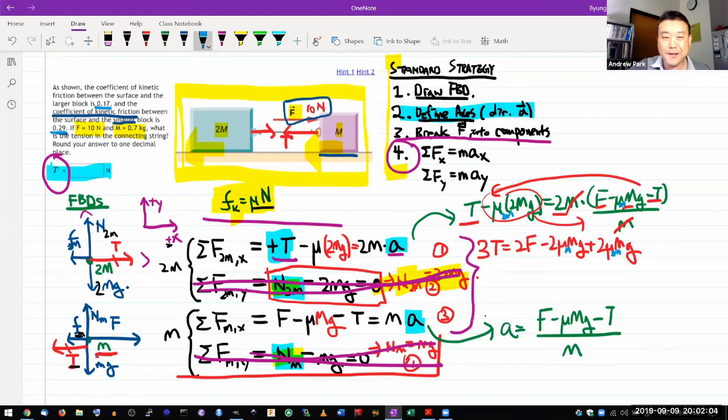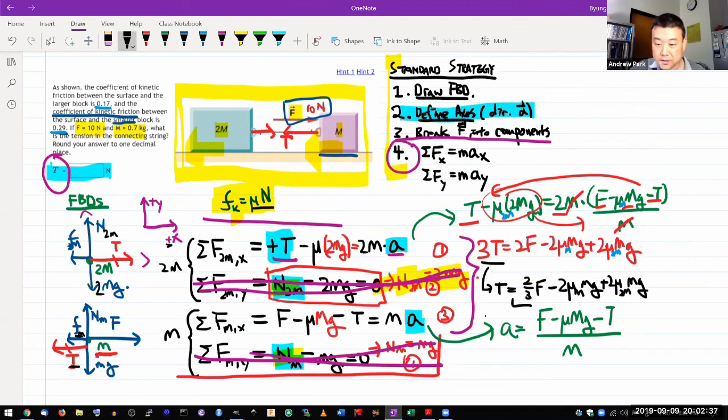You'll just have to plug in the numbers that are given in the question. Solving for tension, you divide both sides by 3. Tension is equal to 2/3 F minus 2 times the friction coefficient for the small block times mg, plus 2 times the friction coefficient for the big block times mg.